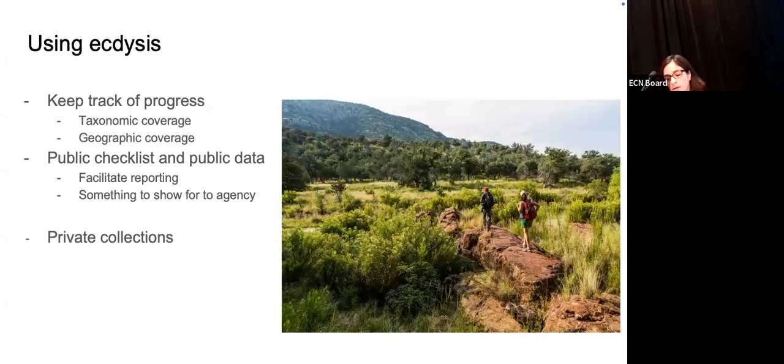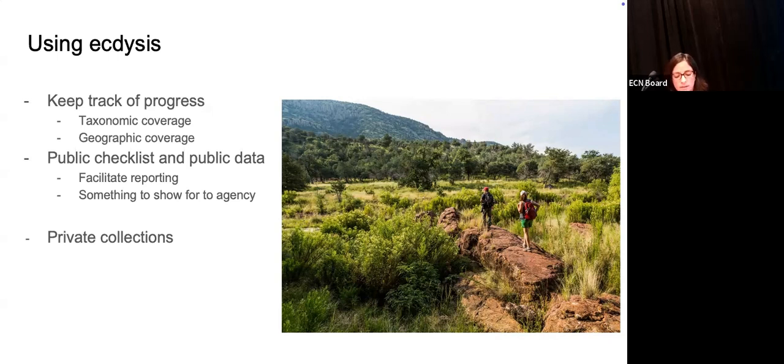So, some of the reasons why using Ecdysis is really good for this kind of project is that it helps us keep track of progress, not only for the taxonomic coverage of the project, but also looking at the geographic coverage that the project has been able to achieve.